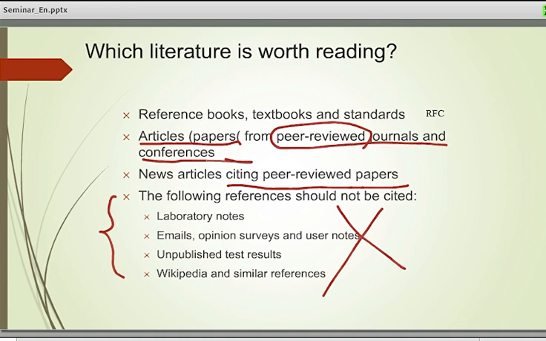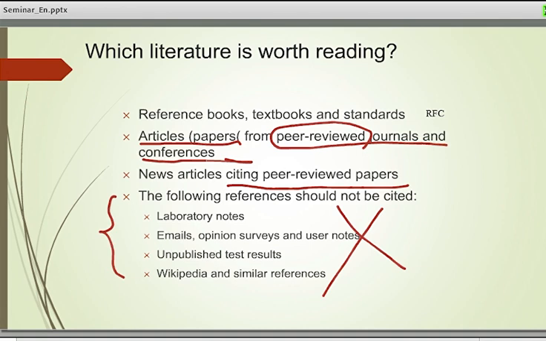Emails. Receiving an email from somebody who speaks about a scientific method, that's not citable. You cannot refer to somebody's opinion in an email or in an opinion survey online or in their notes. Those notes need to be published. Anything published and reviewed can be referenced. Unpublished test results can also not be used for citation.